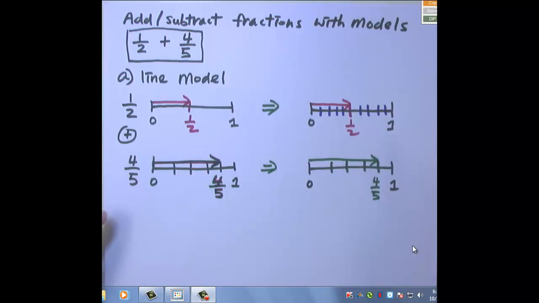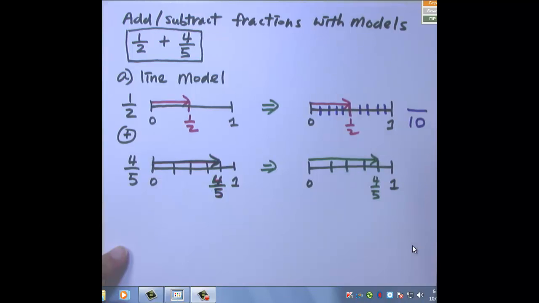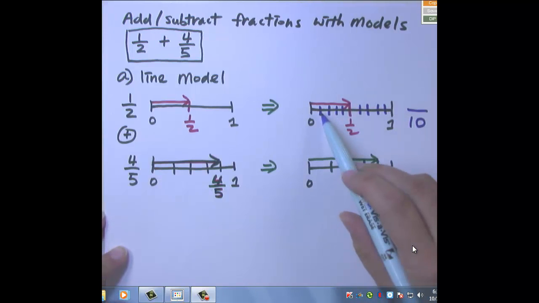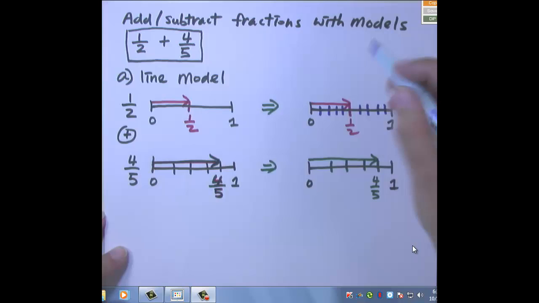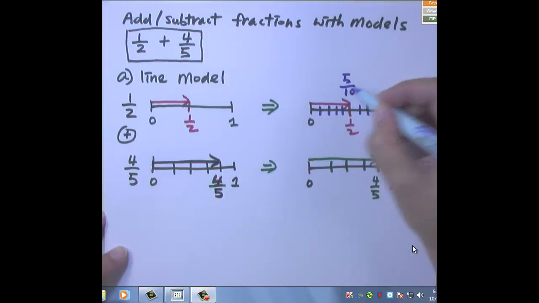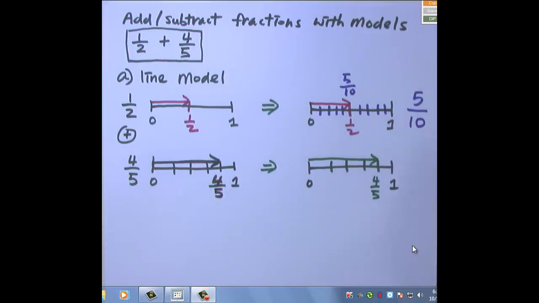And we can see now between 0 to 1, we have 10 equal parts. 2, 4, 6, 8, 10. So the denominator becomes 10. And then we have 1, 2, 3, 4, 5. 5 out of 10. So I'm going to label it here and here. So we can see 1/2 is the same as 5/10.